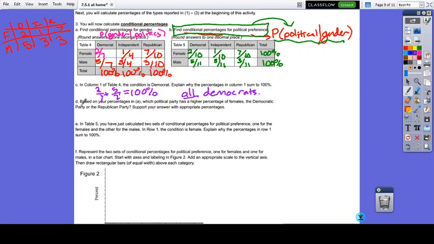Based on your percentages in A, which political party has a higher percentage of females? We're looking at the percentages for gender, and in this case, we're going to talk about the Republican Party.